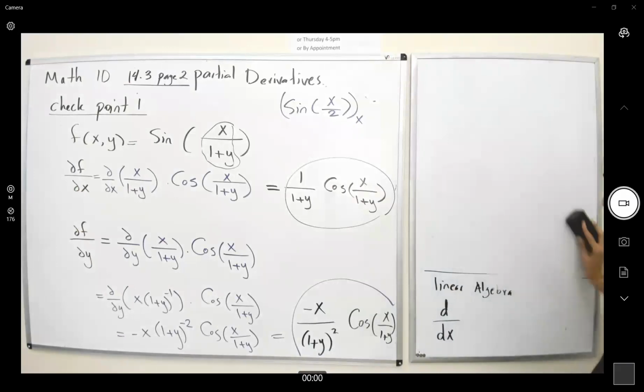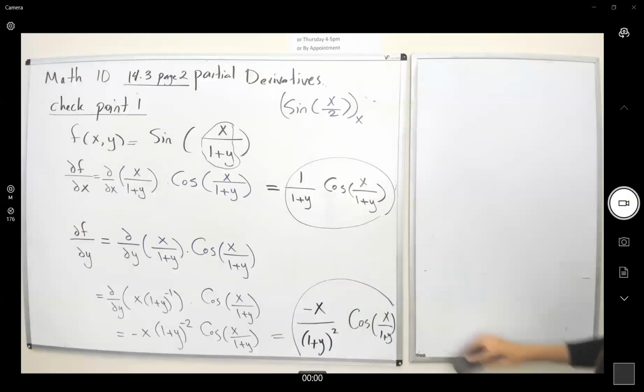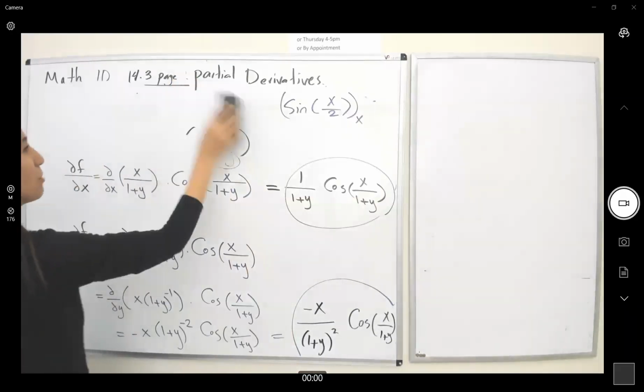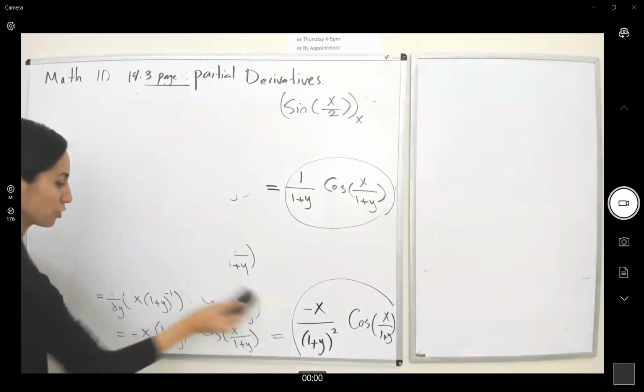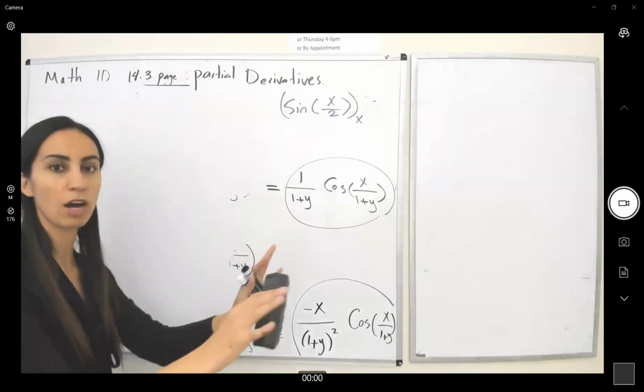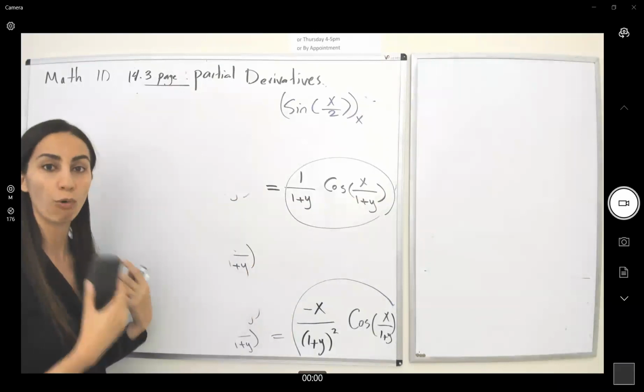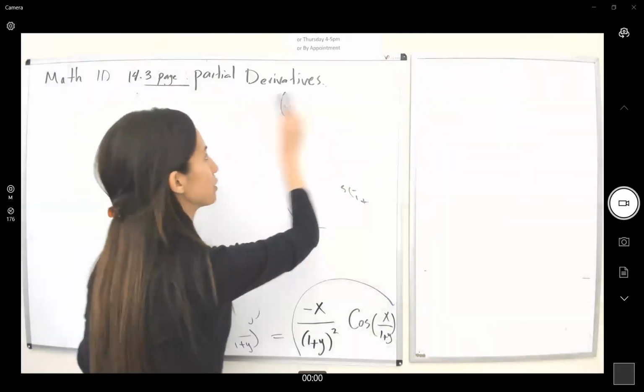There you go. So on page 3, we're going to talk about the second partial derivatives, and you can generalize the idea to the third partial derivatives, to the fourth partial derivatives, or to the n partial derivatives.